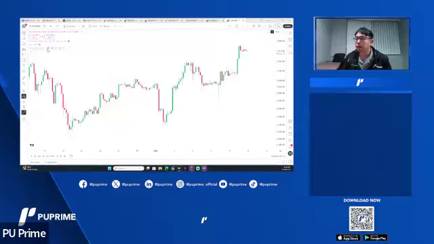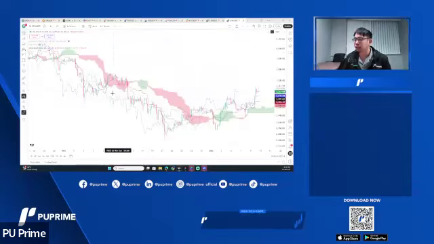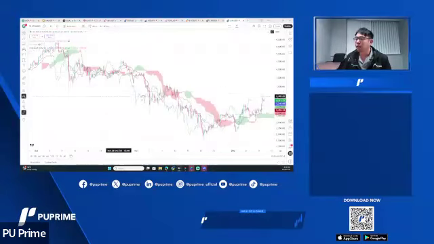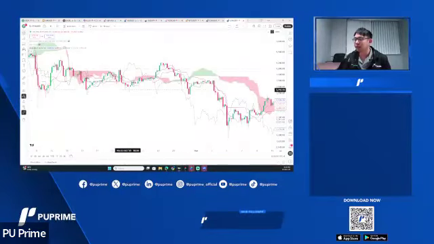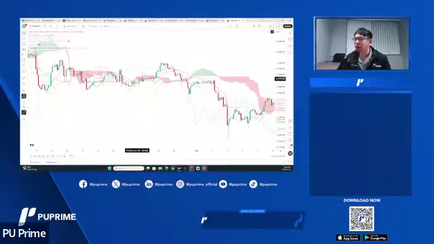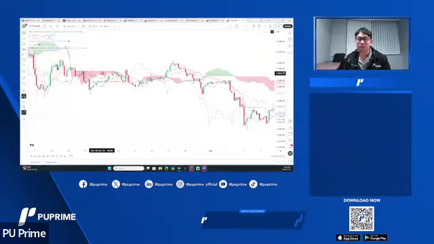All right, so Ichimoku looks kind of like this. If you are a first-time user and you look at something like this, it will be very confusing to use. Absolutely confusing to me too.